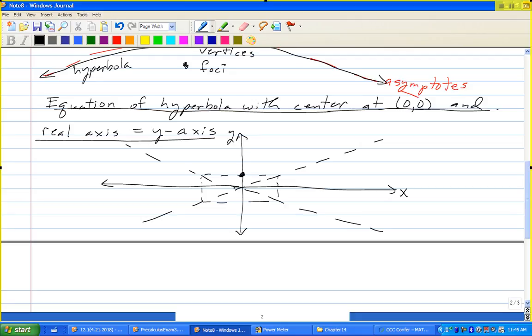Let my vertices be at (0, b) and (0, -b), and my foci be at (0, c) and (0, -c).